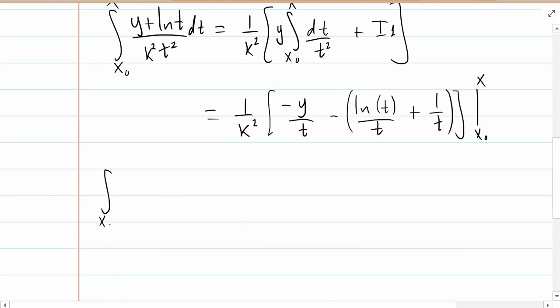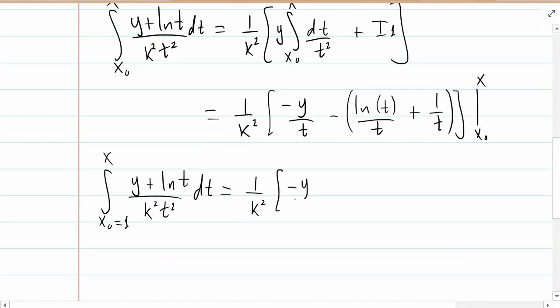So I have then that the integral from x naught equals 1 all the way to x of y plus natural log of t over k squared t squared with respect to t is equal to 1 over k squared times negative y over x minus, I could probably factor out the 1 over x, negative y minus natural log of x minus 1, and all of these minus negative y.